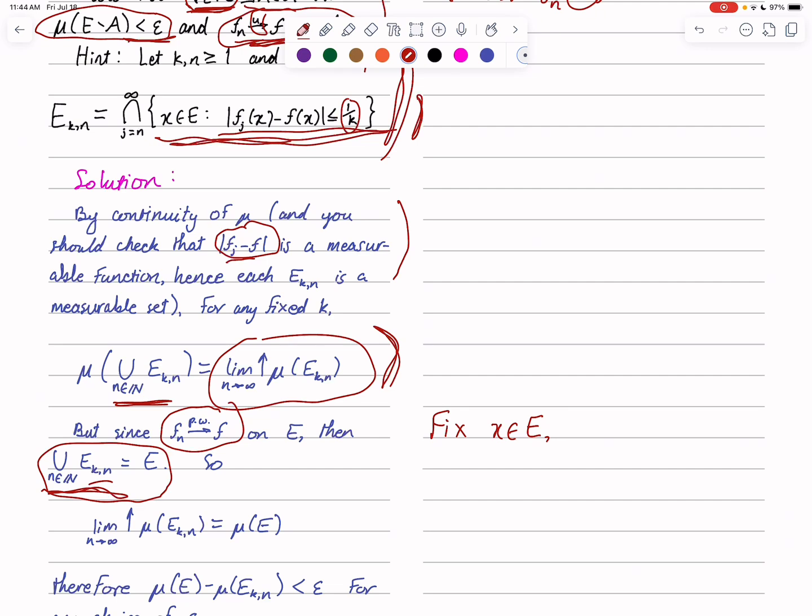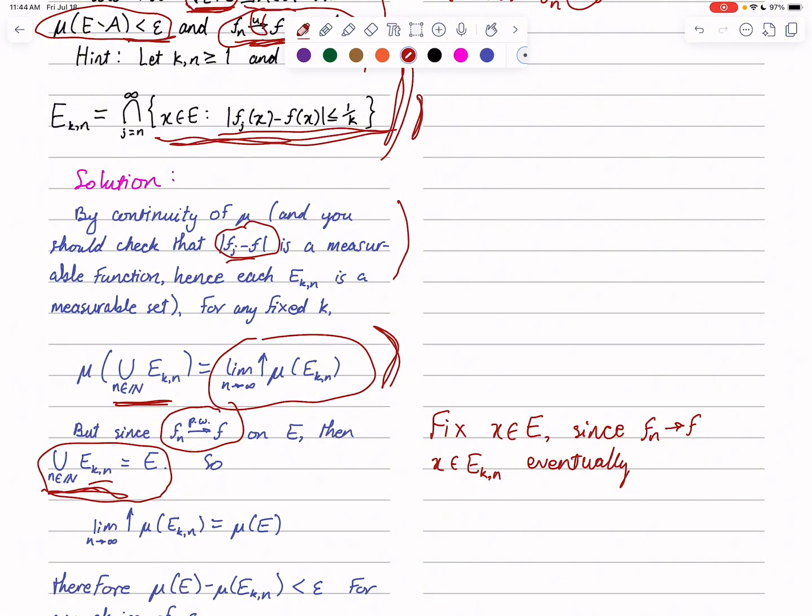Meaning that x is in that set, and it will be in every set after that, because it's a monotone sequence of sets. And so for this fixed x, because of the pointwise convergence, x is in E sub k n eventually. I'll just summarize it that way.